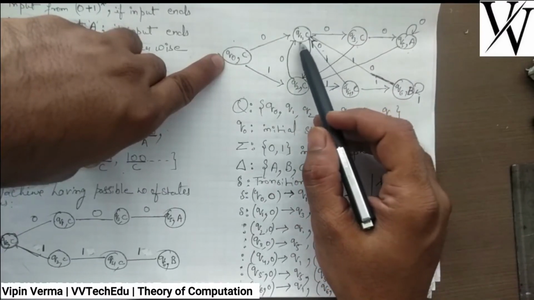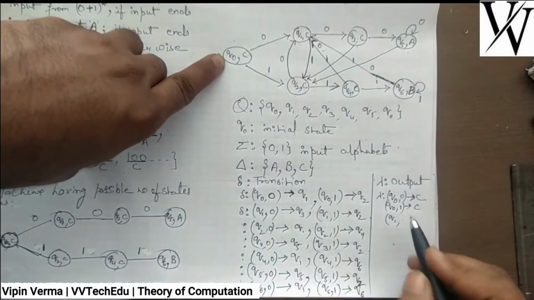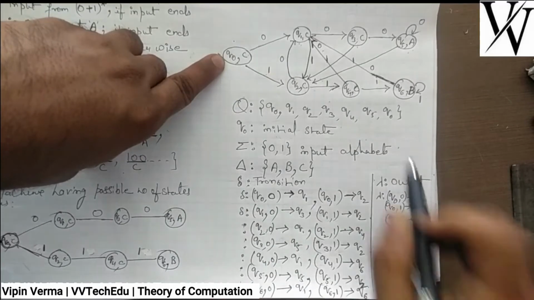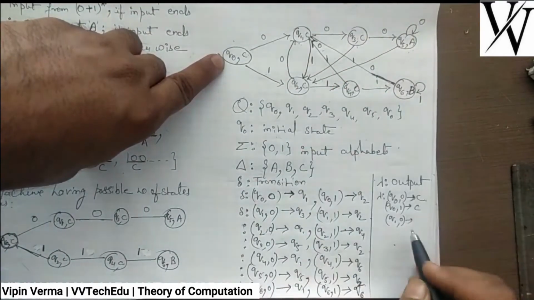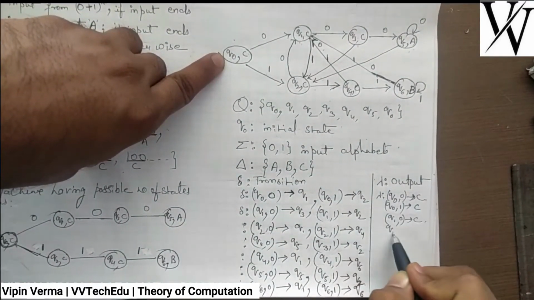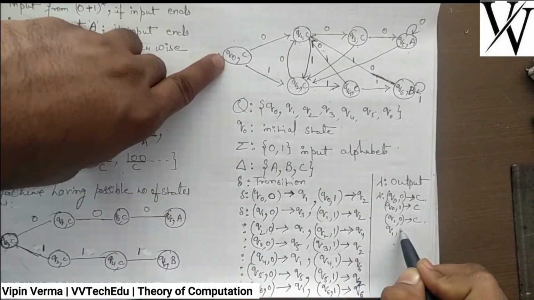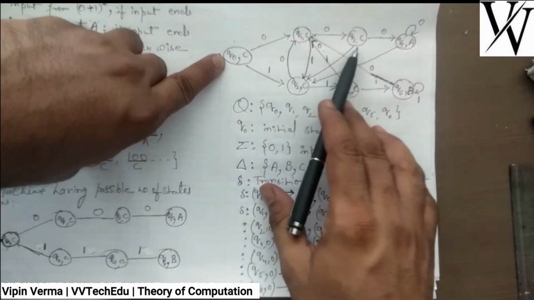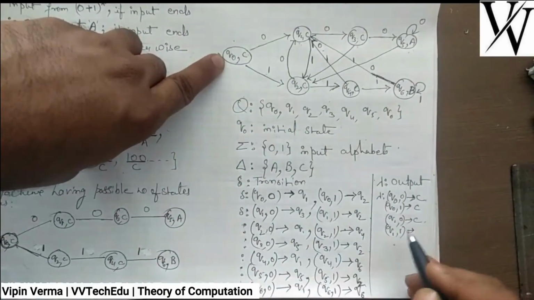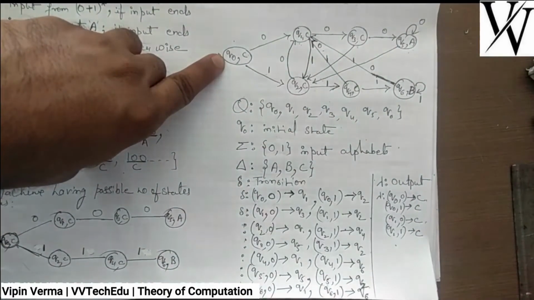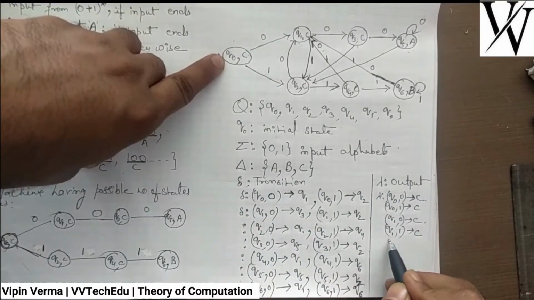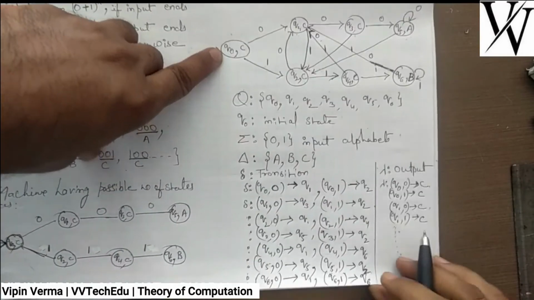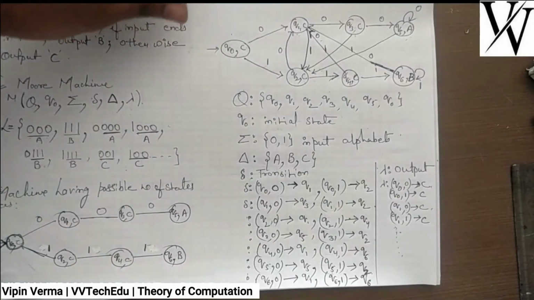Okay, so at Q1 state for 0 we are transiting to Q3, and the output at this state is C. Q1 with 1, we have Q2 state, and the output at this state is C. Similarly we can write all the other states.